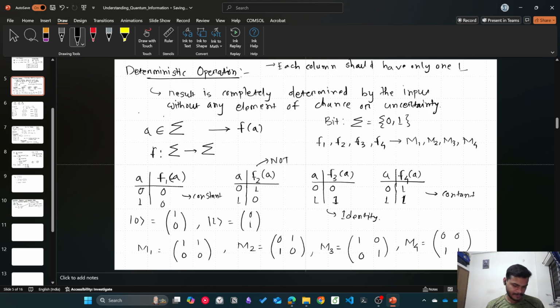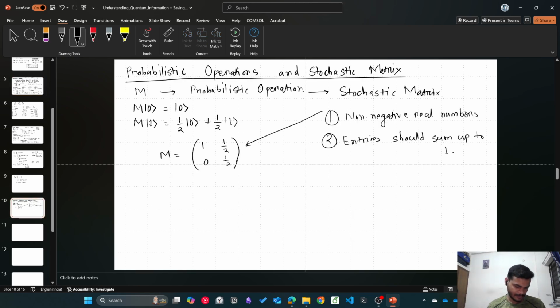Okay, fine. Now let's go back to the stochastic matrix. The work of this stochastic matrix is that it takes one probabilistic vector.